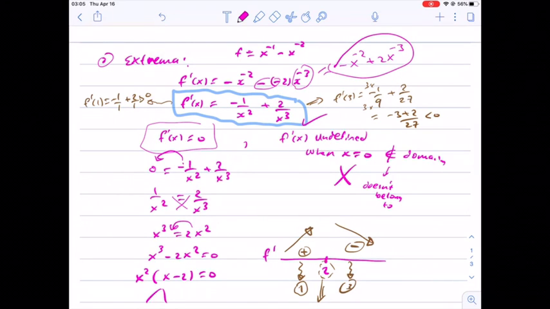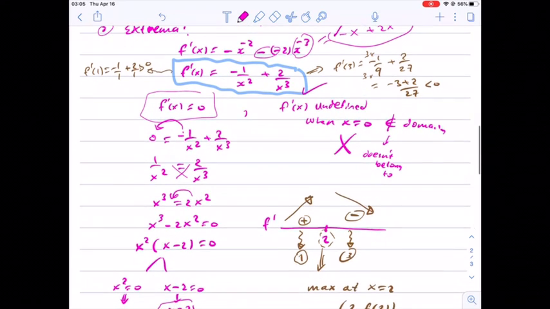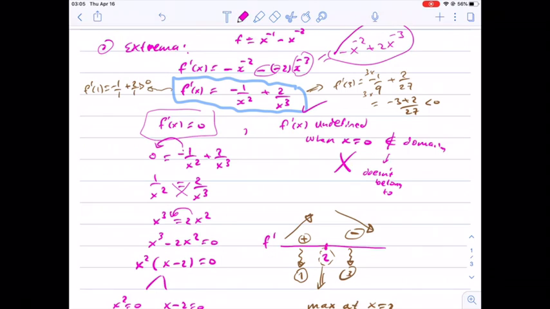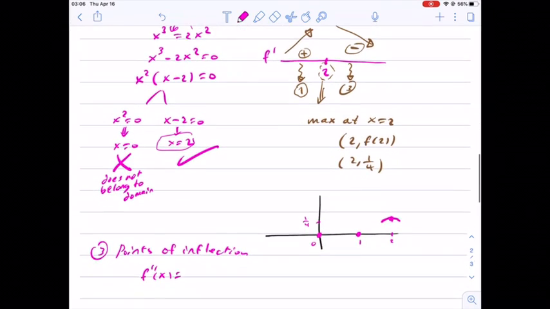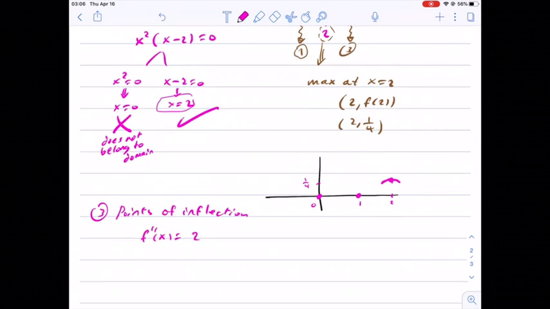So this is -x to -2. Let's find the derivative of this. The derivative of this is negative times -2 plus 2x to -3 minus 6x to -4. So 2x to -3 minus 6x to -4.